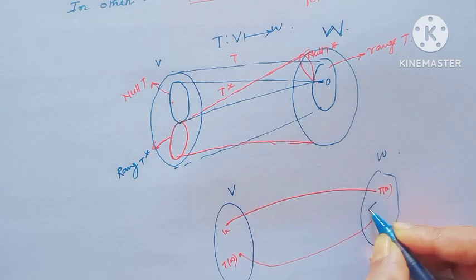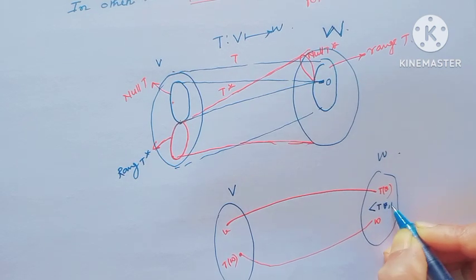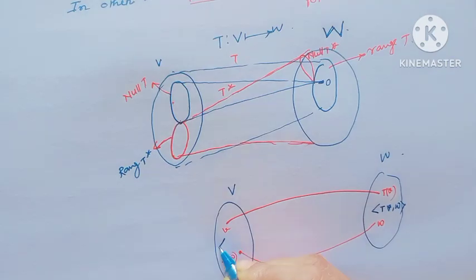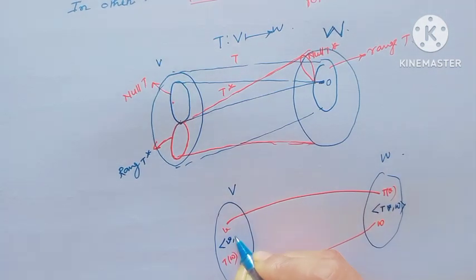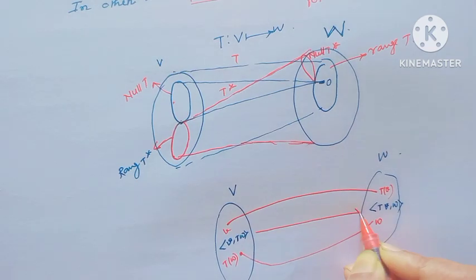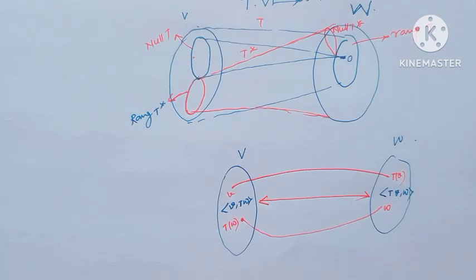Here is the inner product of TV with W, and here is the inner product of V with TW, and these are both the same for a self-adjoint operator.